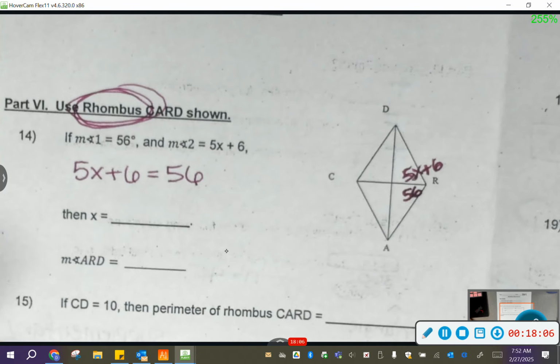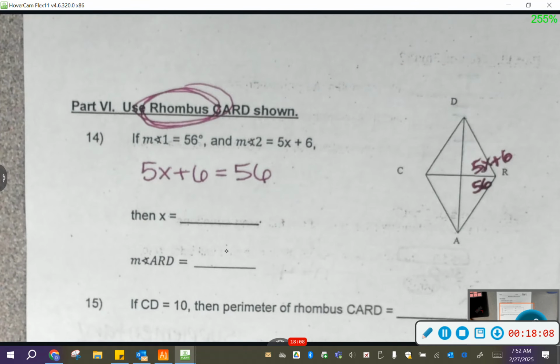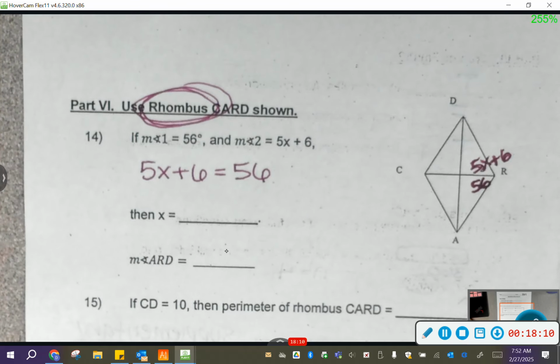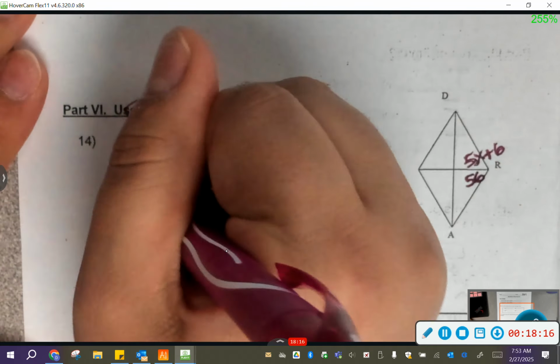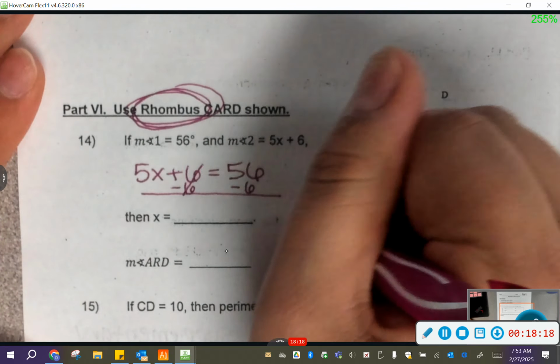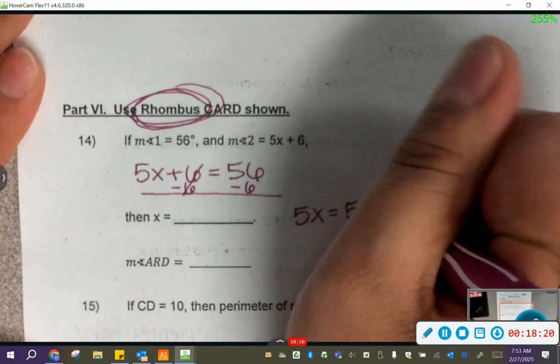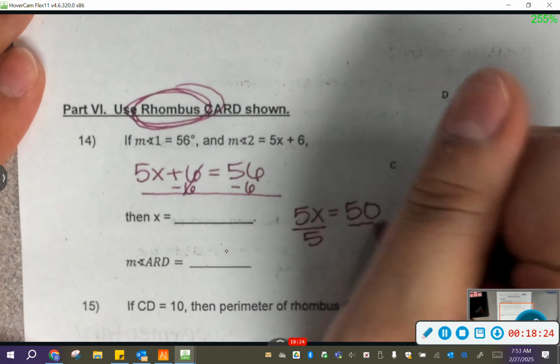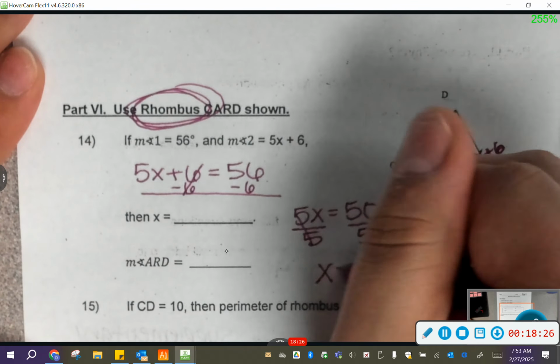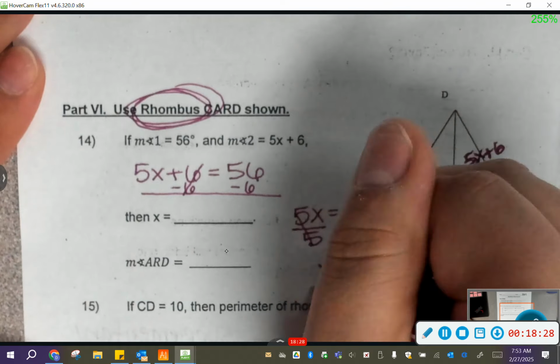They equal each other. How am I supposed to get x by itself? Minus 6. Get rid of your side chick. And then do what? Divided by 5. What is 50 divided by 5?